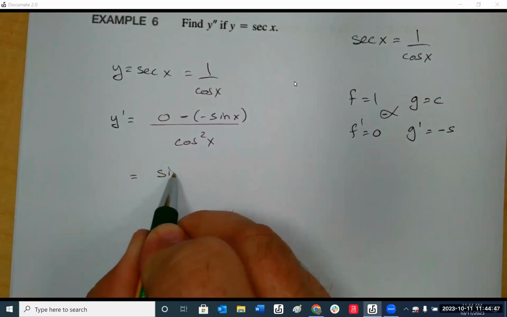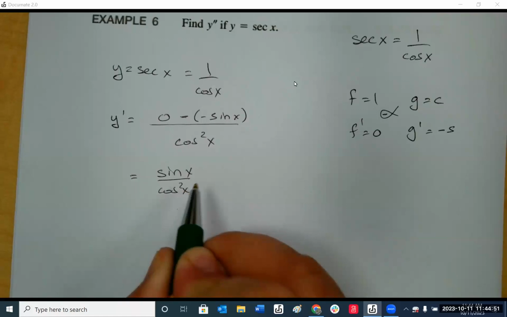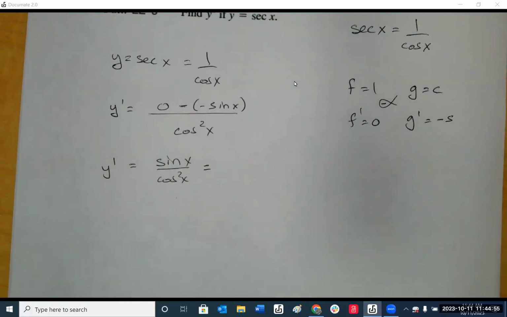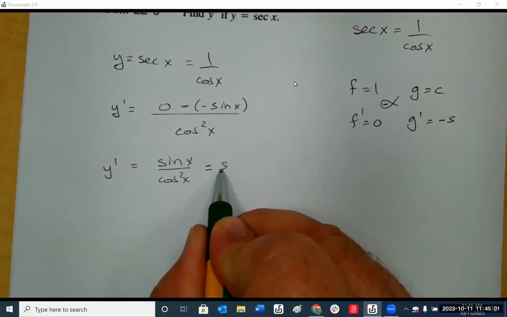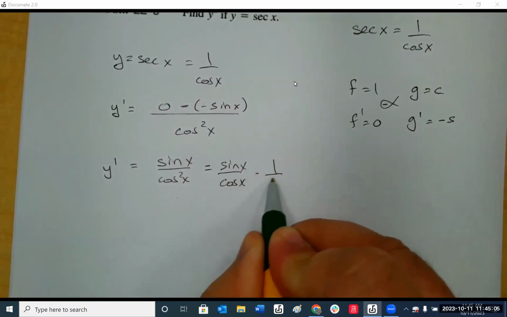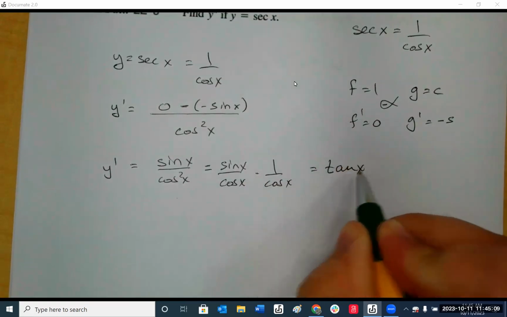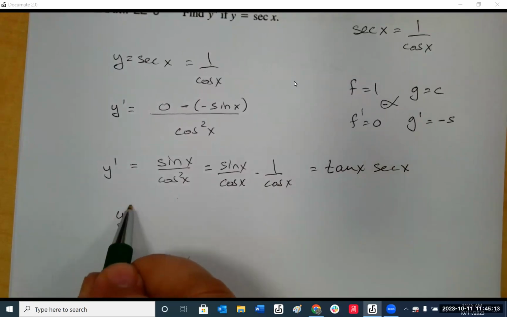So it's sine x over cosine squared x. How can we rewrite that? We have sine x over cosine x times 1 over cosine. Right, so that's our first derivative.